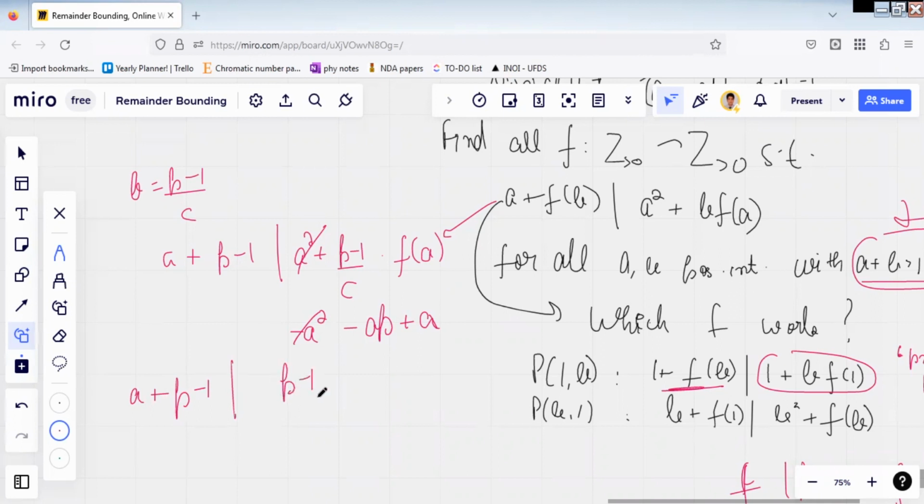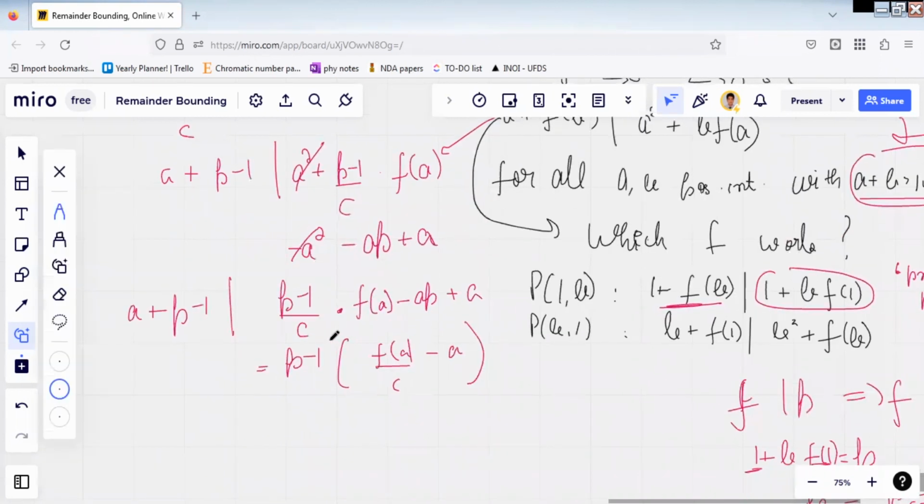So a plus b minus 1 divides p minus 1 by C times f of a minus ap plus b. And you can take p minus 1 to be common. So you'll have f of a minus C minus ap minus a. So now what? Force p minus 1 to be co-prime to it.